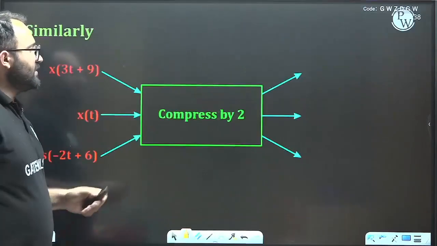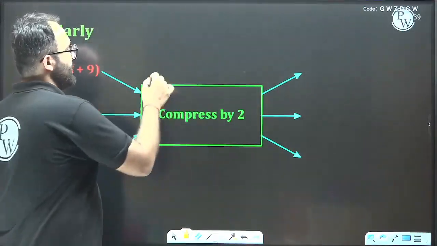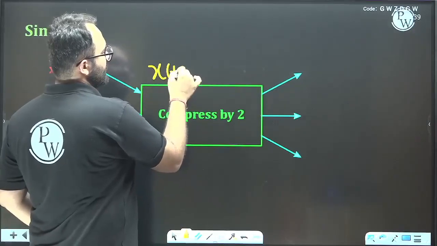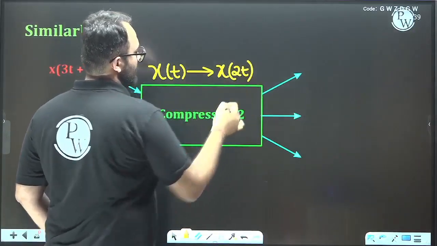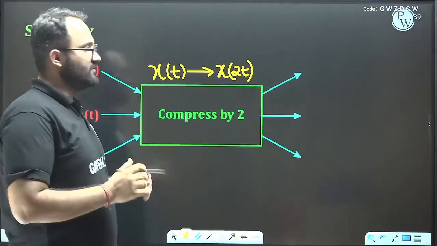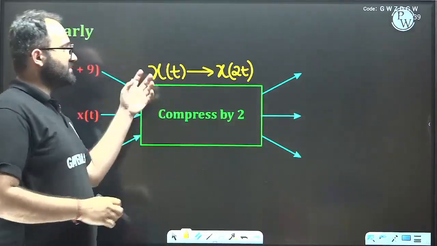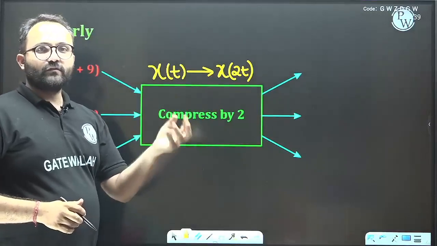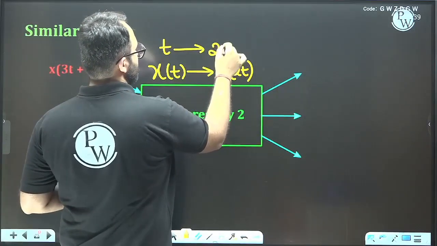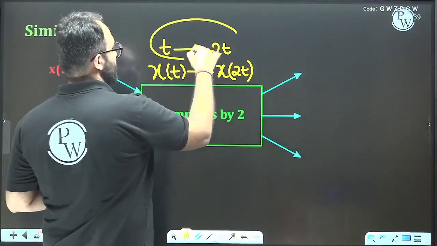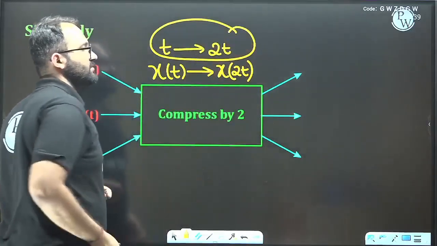Understood, everyone? Now compression by 2. Compression by 2 means if x(t) is given, then the output signal is x(2t), the compressed version. So x(t) gives x(2t). We can see that the system replaces t by 2t.